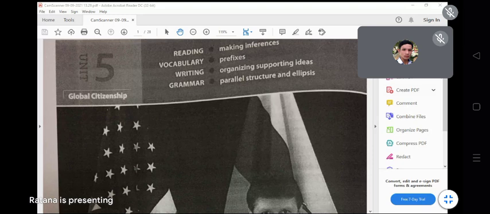Here, not only regional or country citizenship, but they focus on global citizenship.